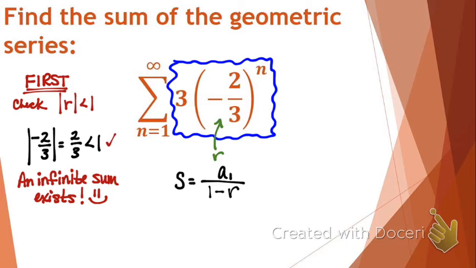What pieces can I substitute in? Down on the bottom, I can substitute in r. I have 1 minus, and then what is our r value? Negative 2/3.